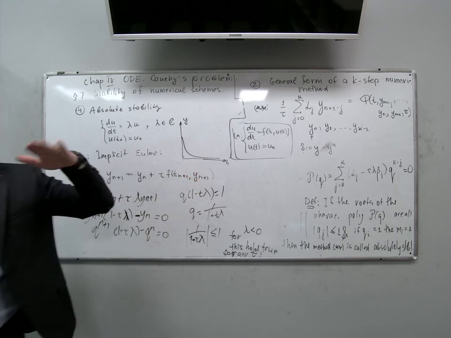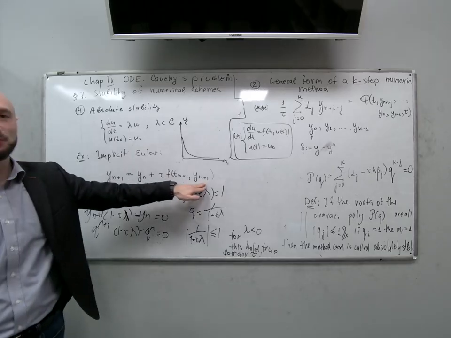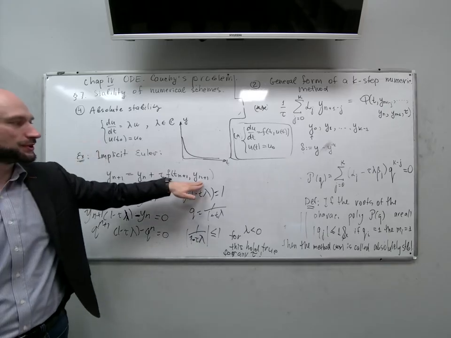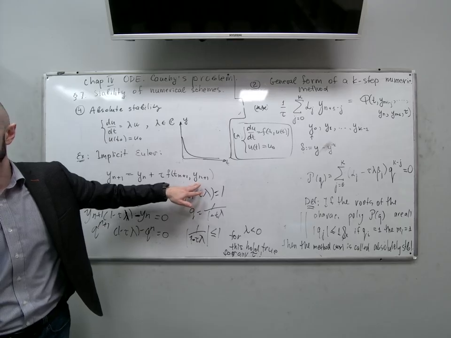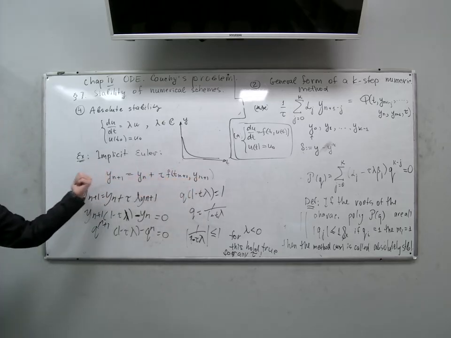And you can recall the other steps to solve this problem. One of the solutions is to use a predictor-corrector strategy. So predict this value using an explicit Euler, put it here, and then calculate the result using this expression.